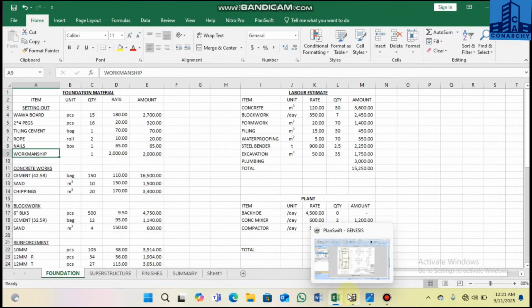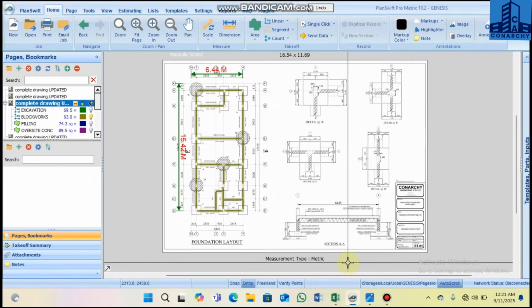I have this app open over here. This is PlanSwift. PlanSwift really helps me when I'm doing my taking off, as in taking off the quantity or the volume of concrete, the volume of excavation to be done, and the volume of concrete for me to measure the cement bags I'll be using. PlanSwift really helps with the taking off.